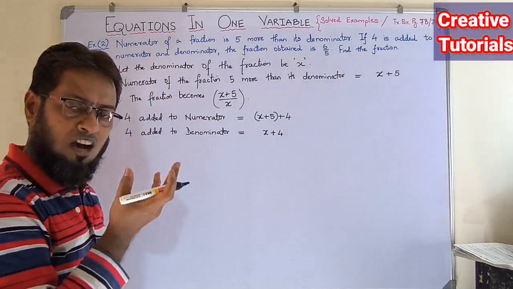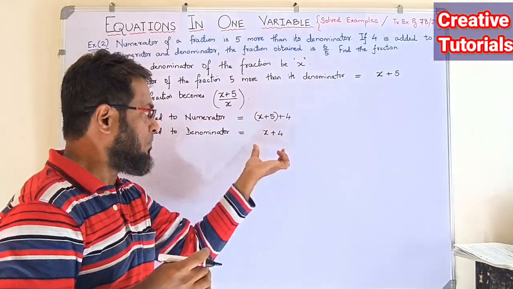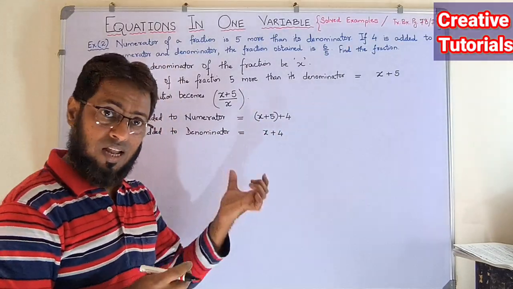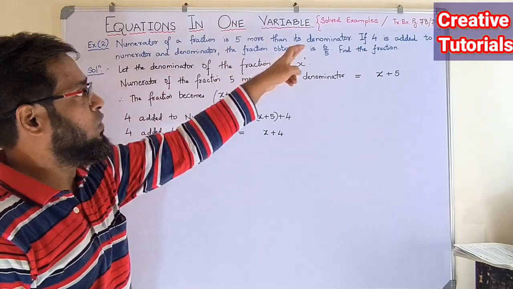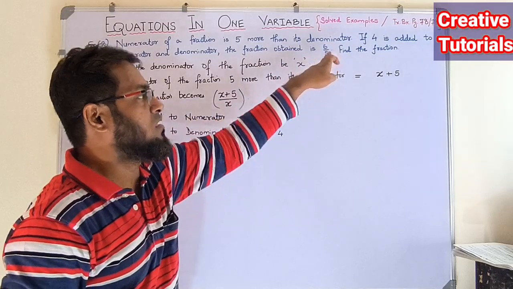So now after adding 4 to the numerator and denominator, these are the expressions which we get. Now they are telling us that when you do so, the fraction obtained is 6 upon 5.